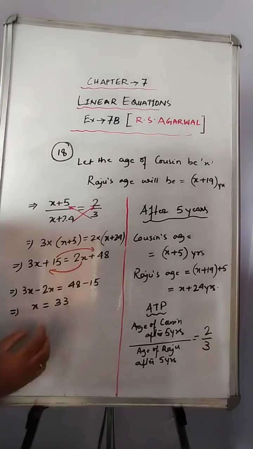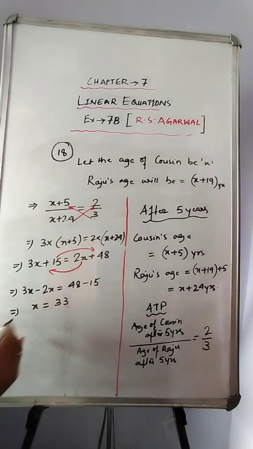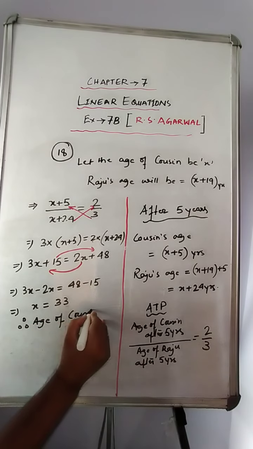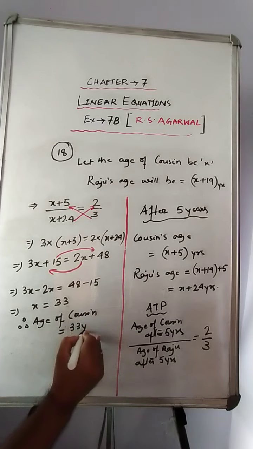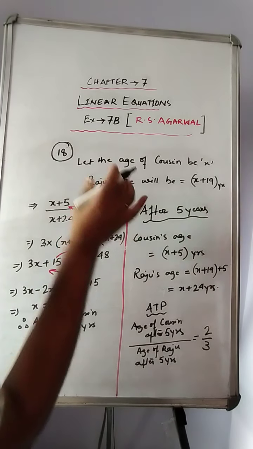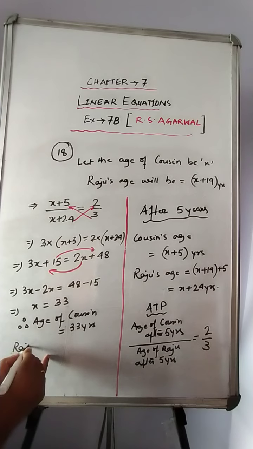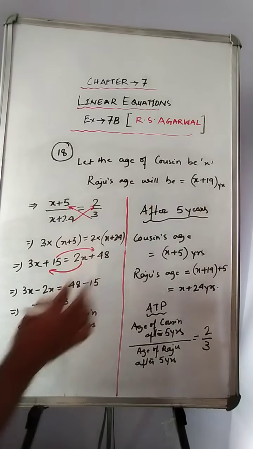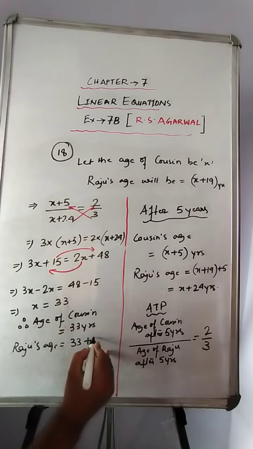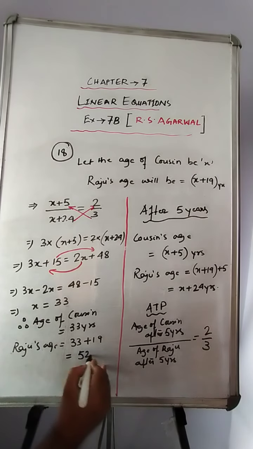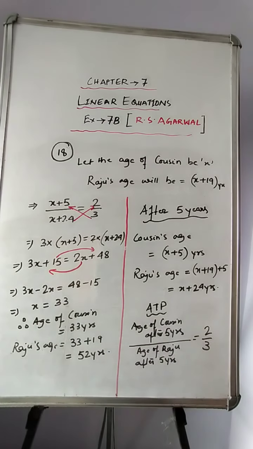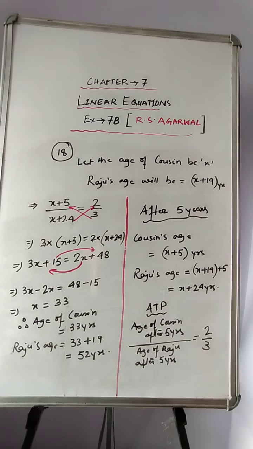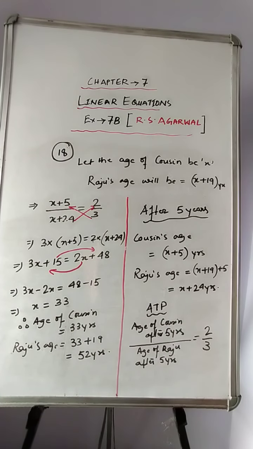So, therefore, the age of the cousin is 33 years. Now we also have to find Raju's age, which is x plus 19. The value of x is 33, so 33 plus 19 equals 52 years. So the age of Raju is 52 years and the age of the cousin is 33 years. This is the solution of question number 18, students.